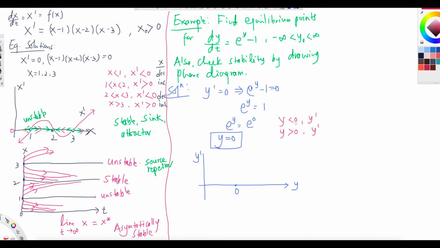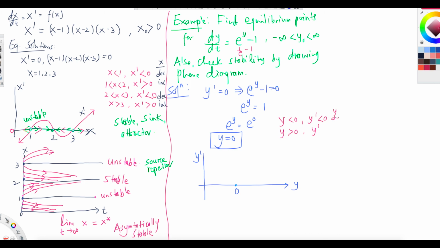So for y less than 0, let's say y is negative 1. If y is negative 1, what do you get for y prime? It is e to the negative 1 minus 1. So you get 1 over e, that is e to the negative 1, and then minus 1. So 1 over e is less than 1, so it will be negative. y prime is negative, means y is decreasing.